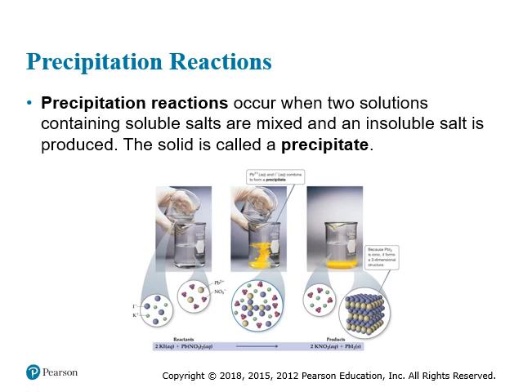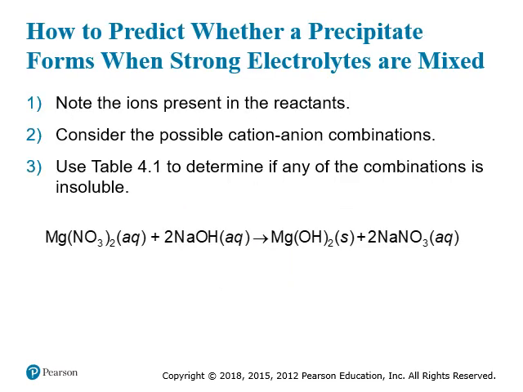Well, how do we know if a precipitate will form when mixing solutions containing soluble salts? I'll give you a hint. Those rules. Well, when determining whether or not a precipitation reaction will occur, we need to take note of the ions that are in each solution.